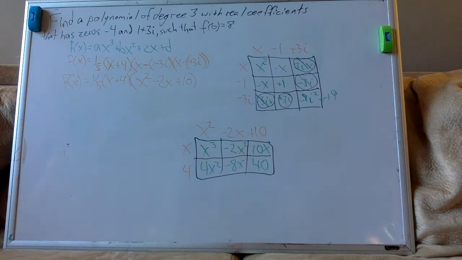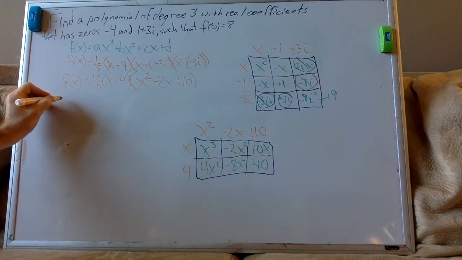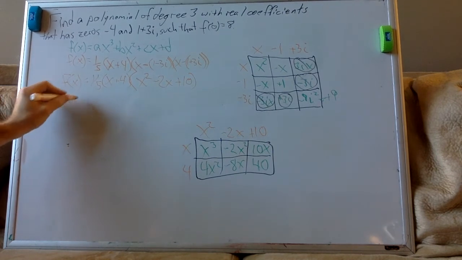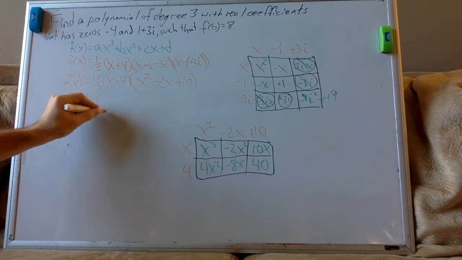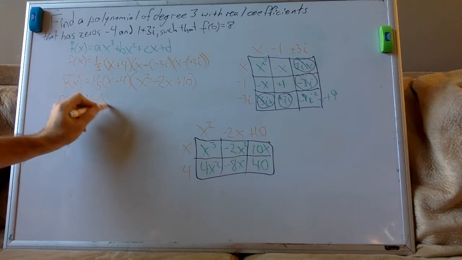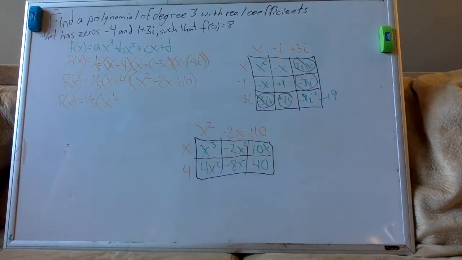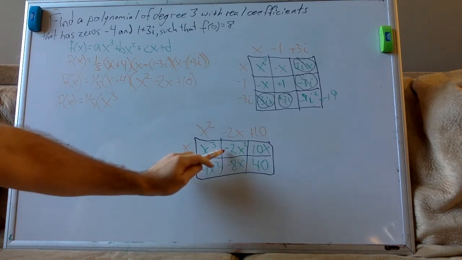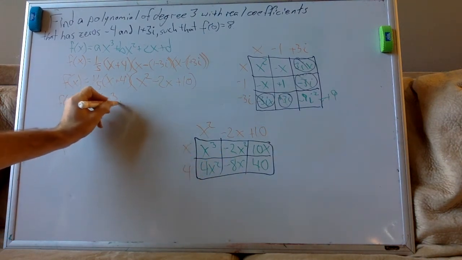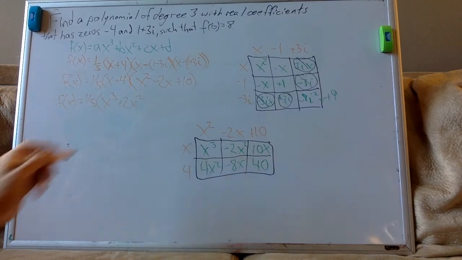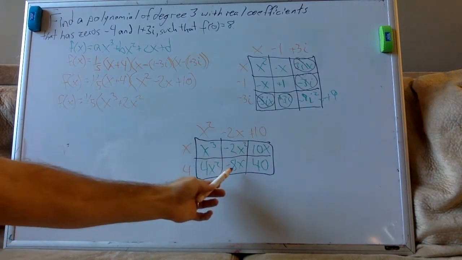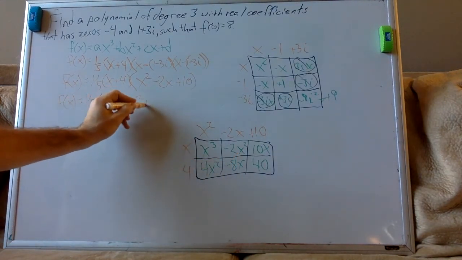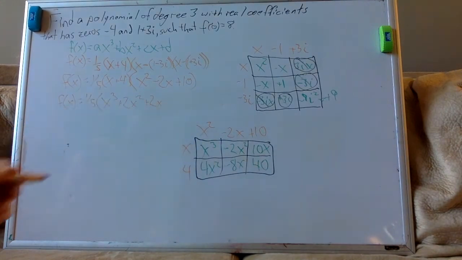And when I combine my common factors, I have f of x equals 1/5 times x cubed, and then I have 4x squared and negative 2x squared, so that makes a positive 2x squared. I have negative 8x and positive 10x, so that's another plus 2, but this time just x.